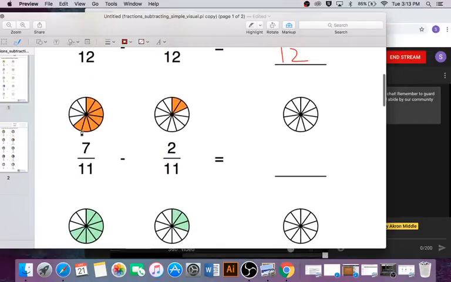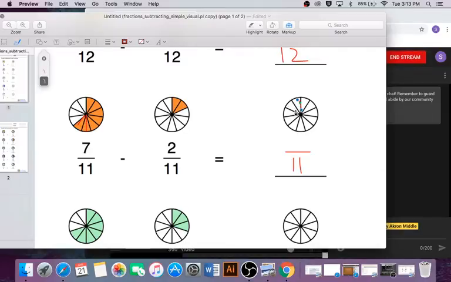On the second one, we're going to start with 7 orange pieces shaded in out of our whole 11. And we're going to take away 2 of those orange pieces. Our whole is still going to stay as 11 pieces. But if we have 7 and we take away 1, 2, we're left with 1, 2, 3, 4, 5.